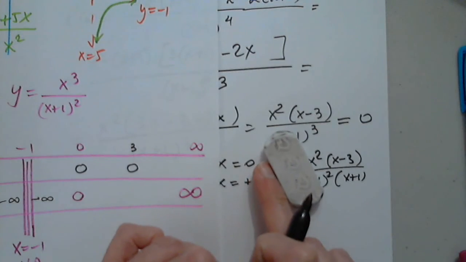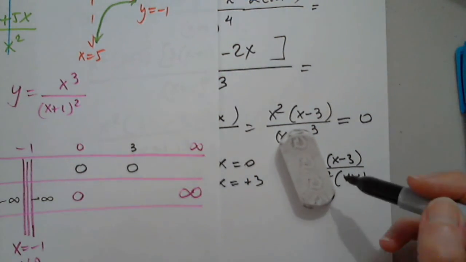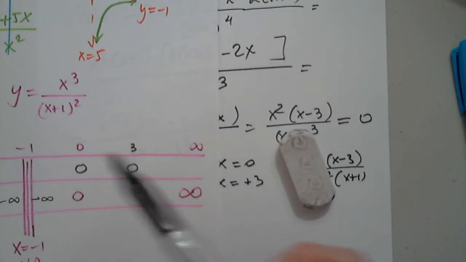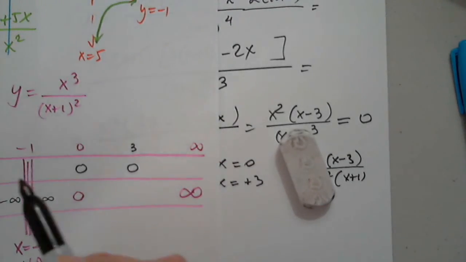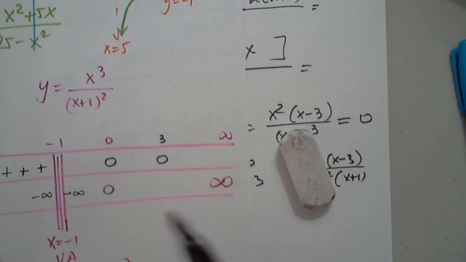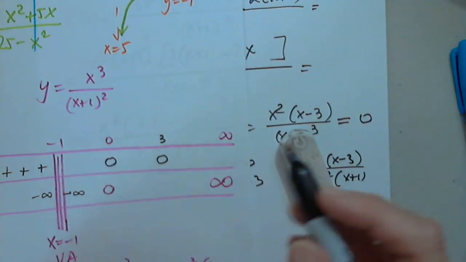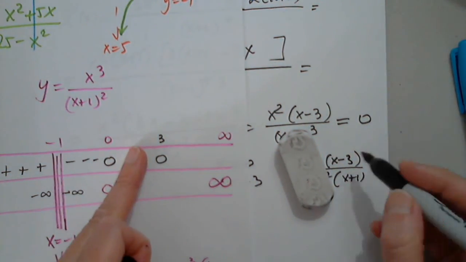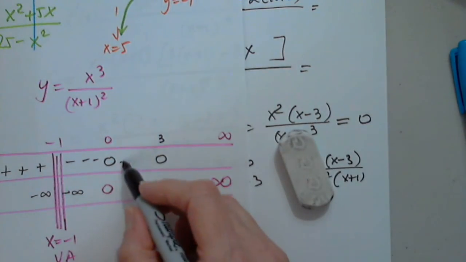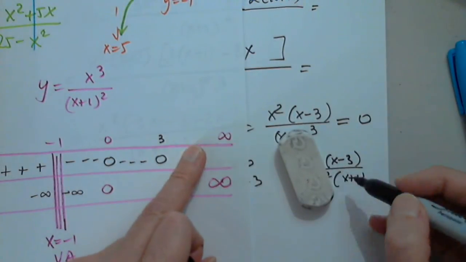Because this is useless when it comes to the sign. So when I plug in negative 10, negative over negative will be positive. When I plug in negative 0.5, this is positive, this is negative. When I plug in 1, negative. When I plug in 10, positive.